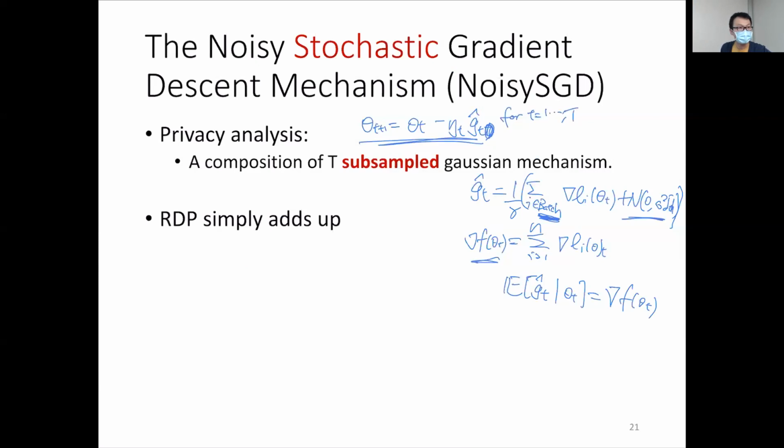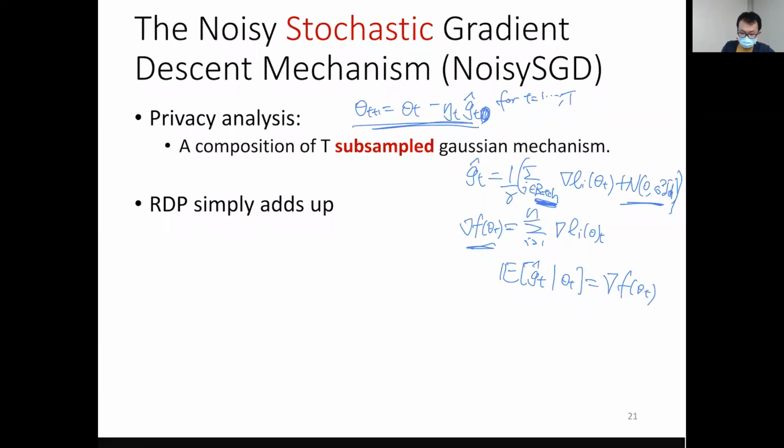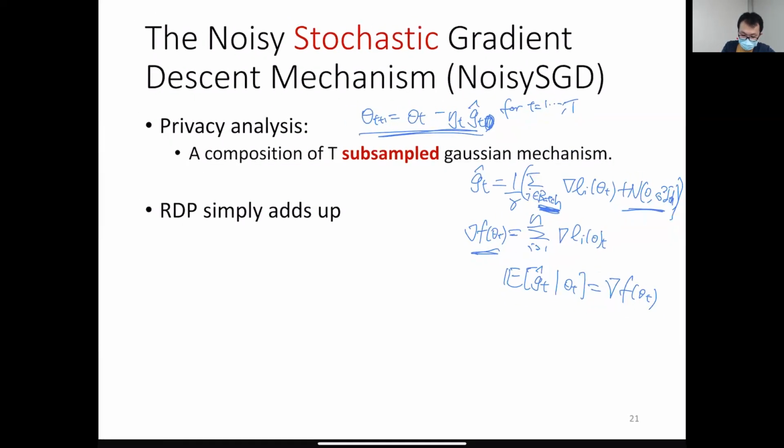So simply multiplying that by T, in that interesting regime, we can basically get rho-truncated CDP, where rho is roughly γ² times Δ²/(2σ²), and Δ² is the global sensitivity, which we know is the Lipschitz constant L², and also multiplied by the number of iterations.